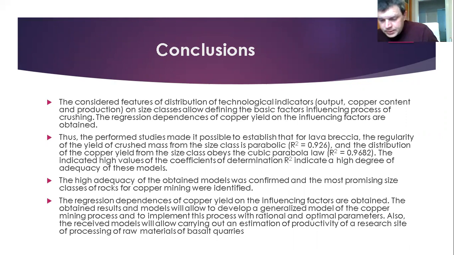Thus, the studies made it possible to establish that for lavobrekcia, the regularity of the yield of crushed mass from the size class is parabolic, with a coefficient of determination near 8%, and the distribution of the copper yield from the size classes follows a cubic parabola, near 5%.